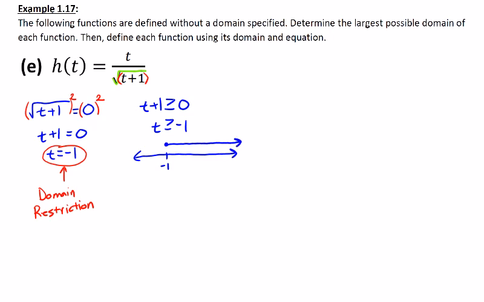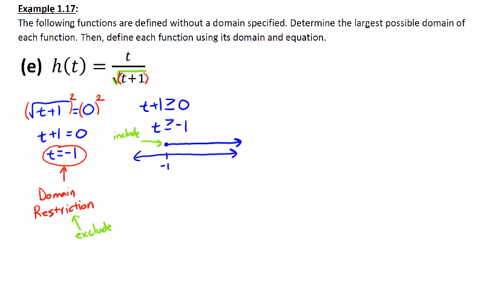So there is a little bit of a contradiction here. Over here on the right, this is saying include negative 1. But certainly over here on the left, we have a domain restriction which says to exclude negative 1.